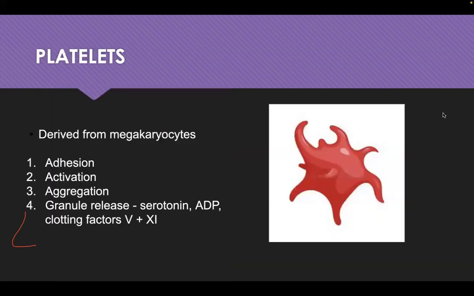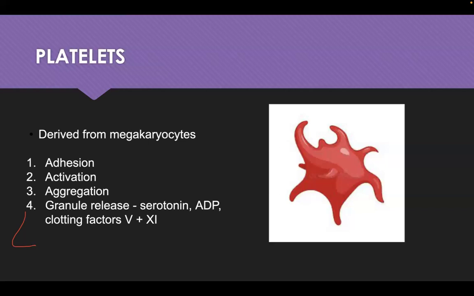So I mentioned platelets a lot there. So platelets are the key component in primary hemostasis. And these are small cell fragments that are produced by megakaryocytes in the bone marrow. And so they adhere to the endothelium upon injury.